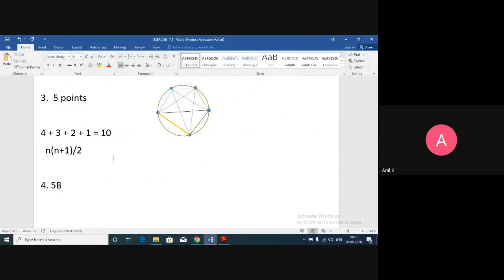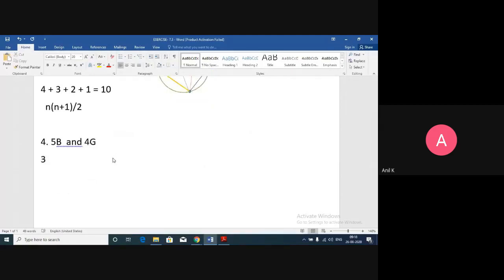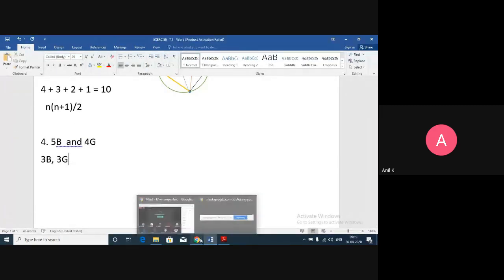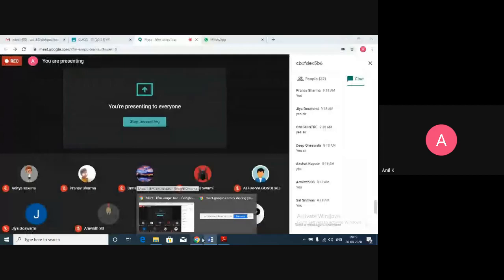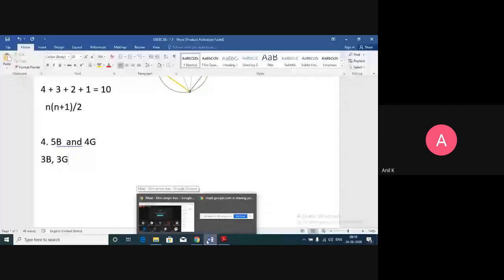Given 5 boys and 4 girls, to make a team of 3 boys and 3 girls. So can you tell me how many ways we can do? Any guess? Out of 5 boys, I have to select 3 boys.